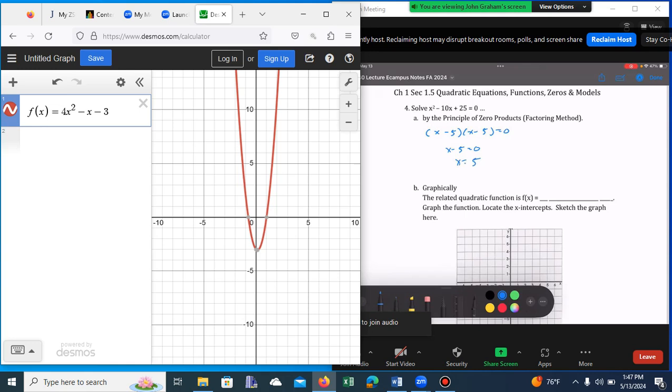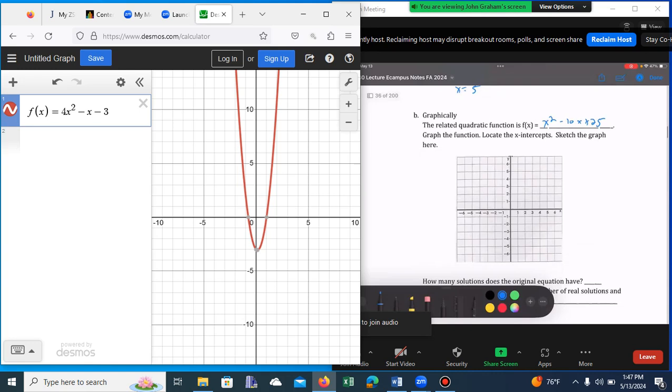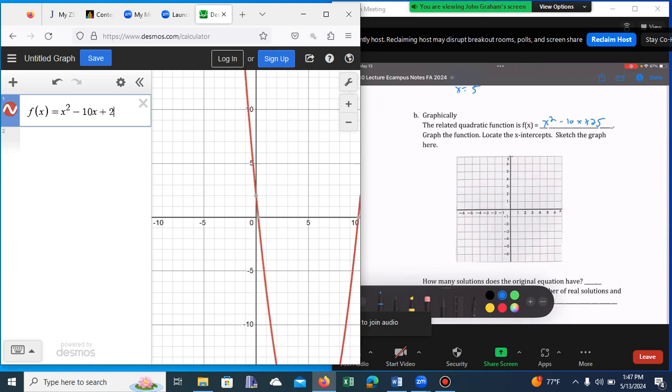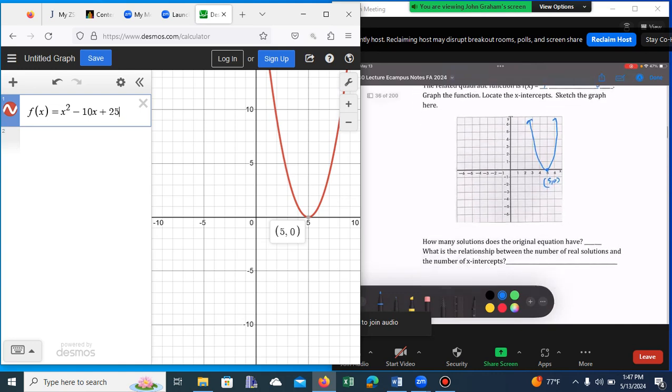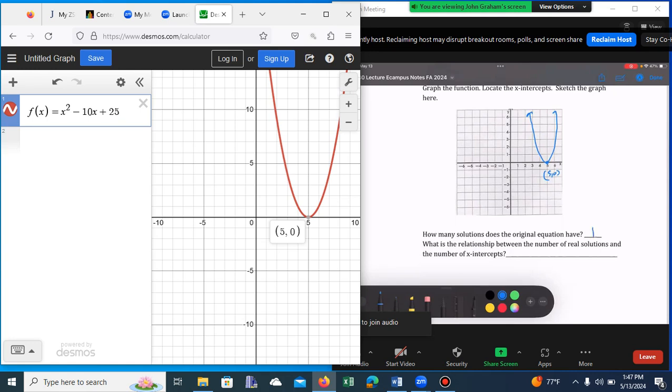So if we look at the graph of x squared minus 10x plus 25, we graph and we see that it touches the x-axis at 5, 0. So that's your solution. It only has one solution.